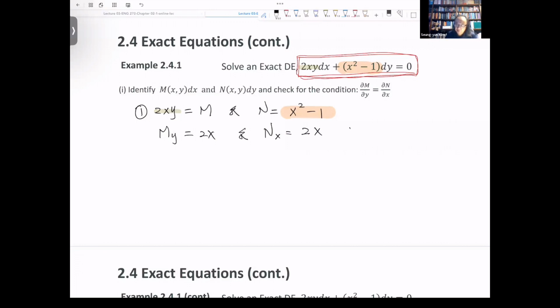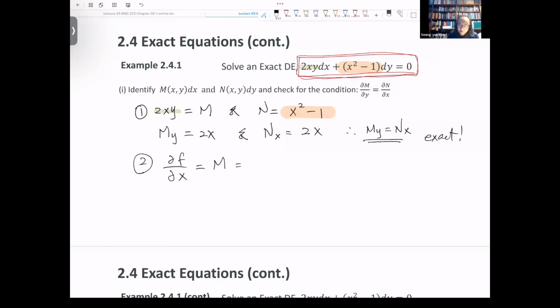So therefore, M_y equals N_x. It is an exact equation. Step number 2, we need to let the partial derivative of f with respect to x equal M.